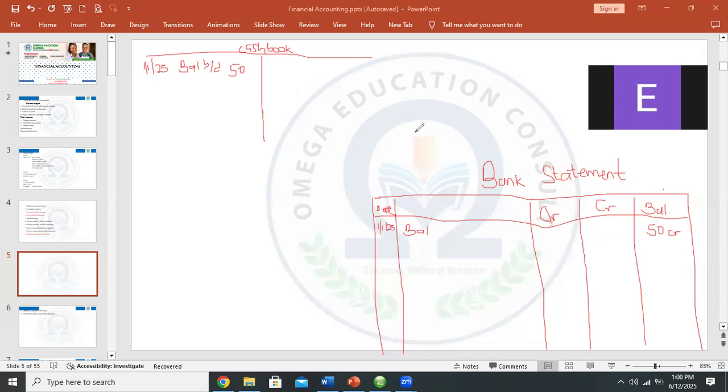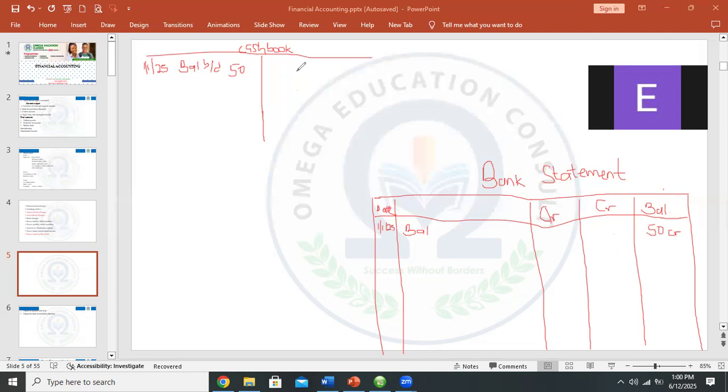And as you all know, a debit balance in your cash book means it is a favorable balance. It's a positive figure. So likewise, a credit balance on your bank statement also shows a positive figure, or a favorable balance. If it is negative, please listen. If it is negative, the bank statement will show a debit balance, while the cash book will show what?